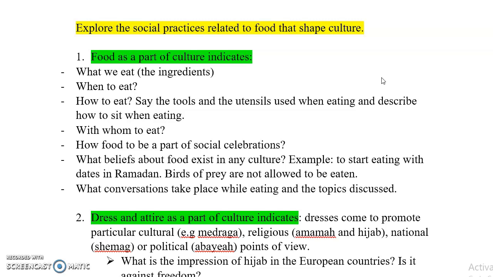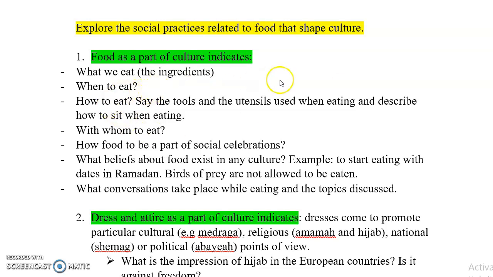So why do we have laban jamid, for example? This is a part of our culture. Why do we have this kind of meat, not that kind of meat? What kind of bread do we have? Why do we have shrak or الخبز المشروح and so on? This is a part of our culture. This is a part of our social practices regarding some celebrations.